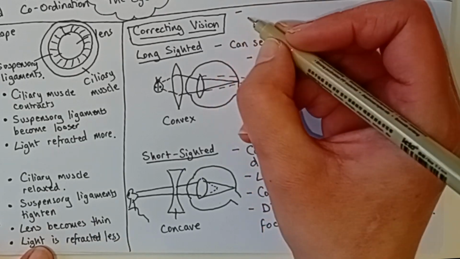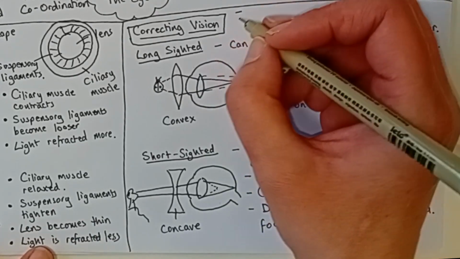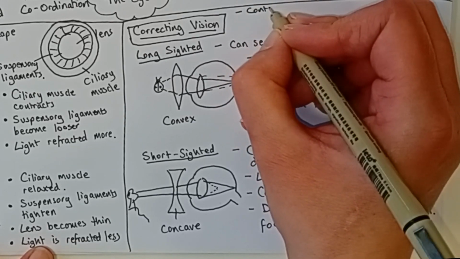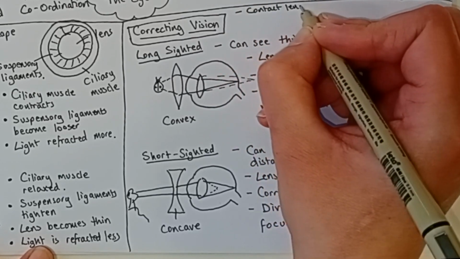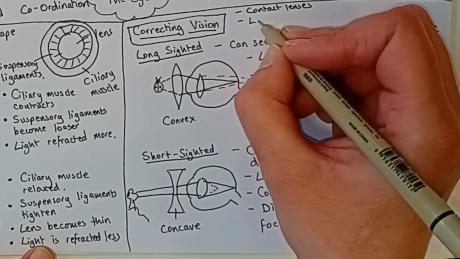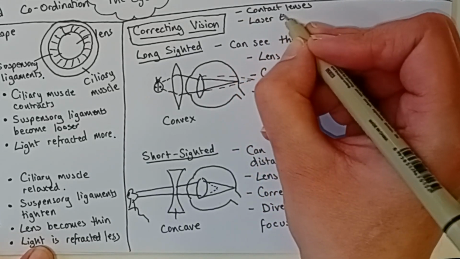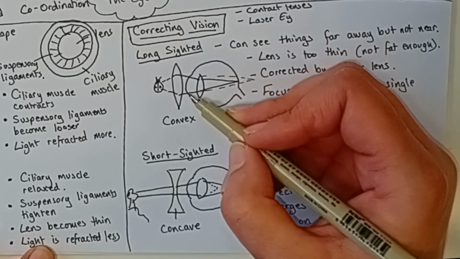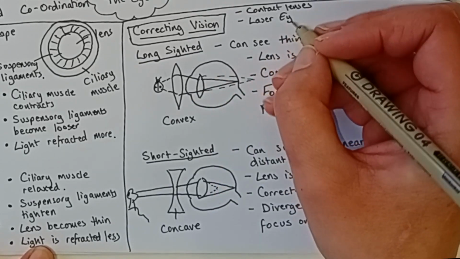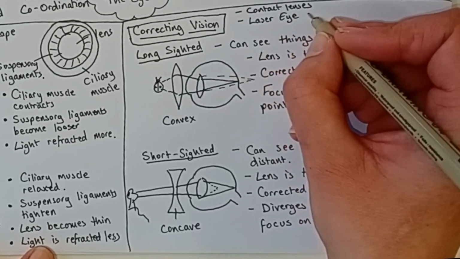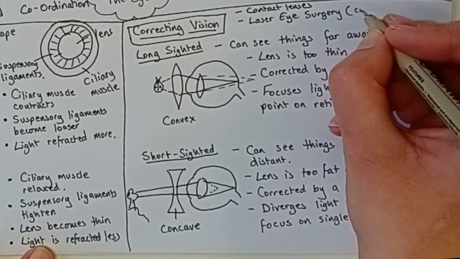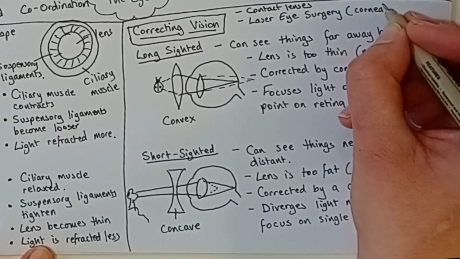Another way you can do it, and you might be asked to evaluate that, is also by using contact lenses. They're good for sports. You can have laser eye surgery, which actually changes the way the light bends, refracts, by taking bits off your cornea. So it's your cornea that's affected.